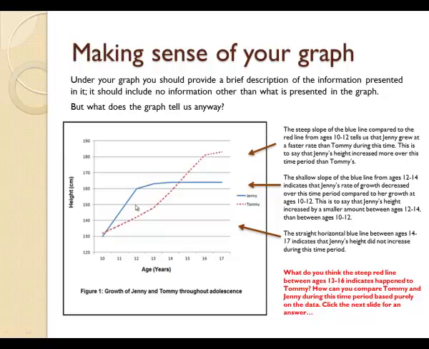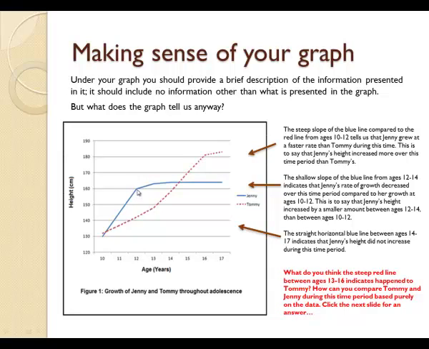Let's analyse the blue line. This is Jenny. This steep slope between ages 10 to 12 indicates that she increased in height quickly between ages 10 to 12. It's a steep slope.